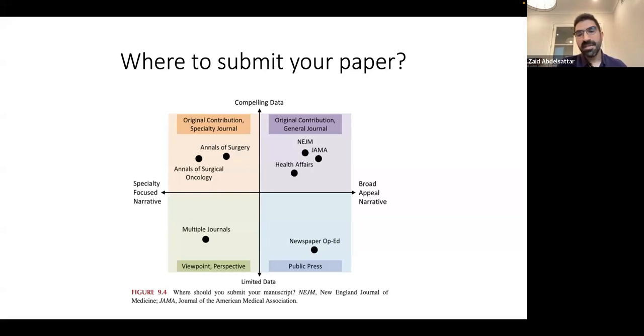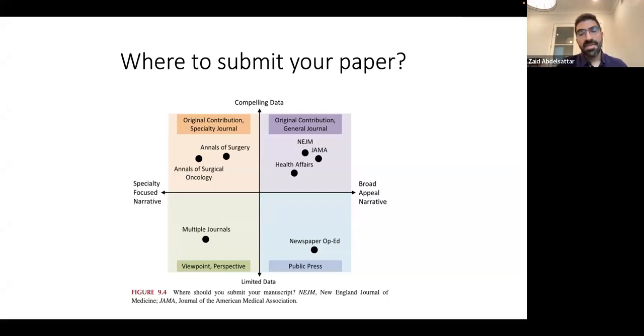If the data is limited and it's very focused, then you have options of how you're going to spin it. You can send it to lower tier journals, or if there's not much data at all, you can even just send it as a perspective or as a viewpoint or something like that.